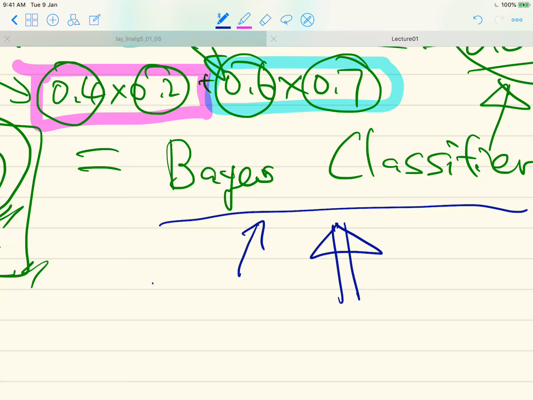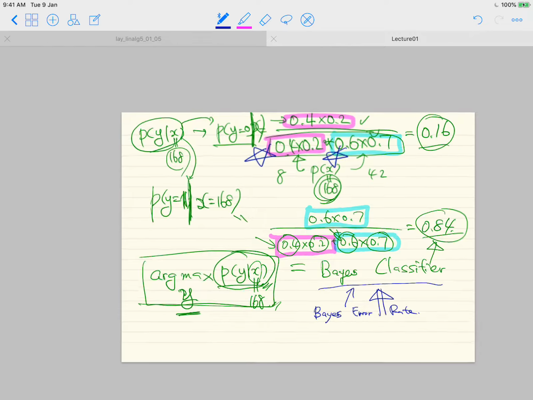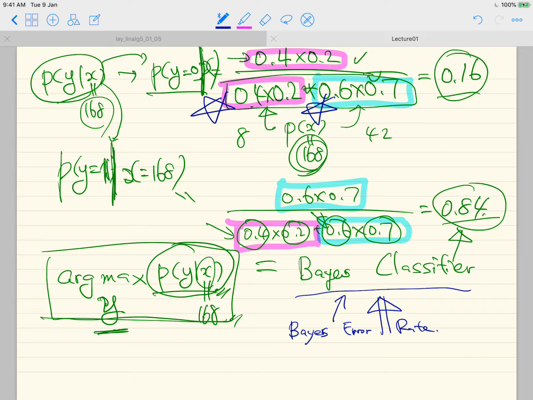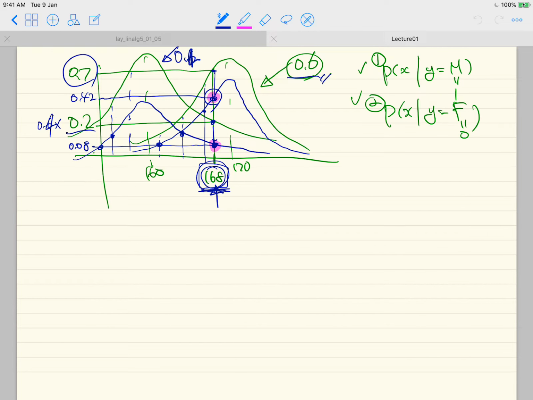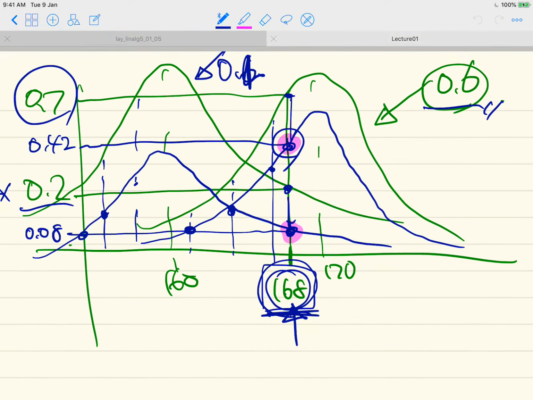Okay, so that error rate is called the Bayes error rate. So let's consider the Bayes error rate.